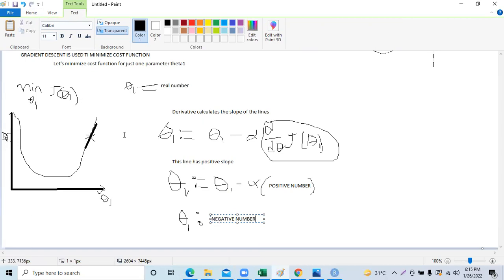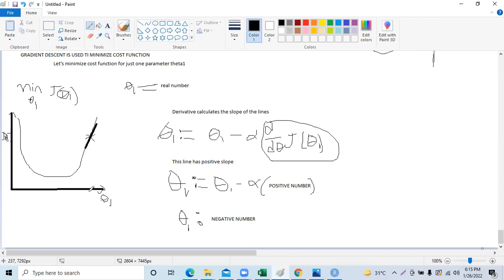Since we started at this point, the update is going to move in this direction, until we get to the global minimum. If you don't understand that, I'll do a second example in the opposite direction, just so that you can understand that.